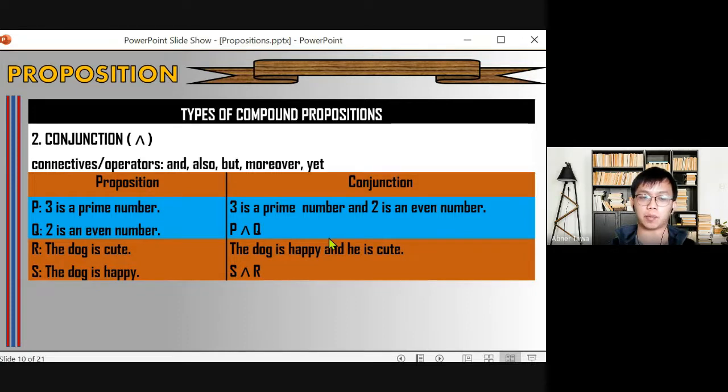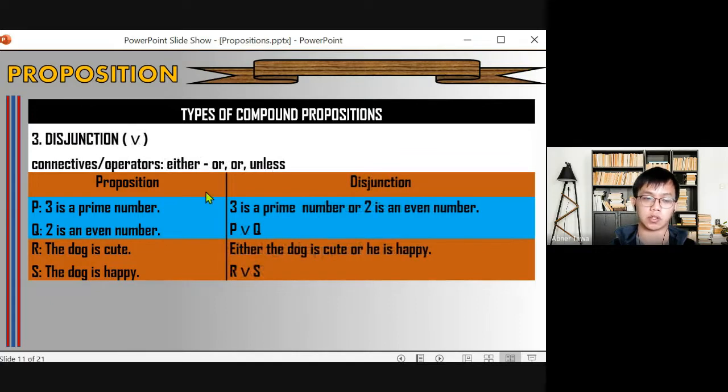So another type of compound proposition here is we have here disjunction. So sa disjunction naman dito, as usual, ang ginagamit na connective or operator is yung or, either or, unless. So we have here the symbol for disjunction.